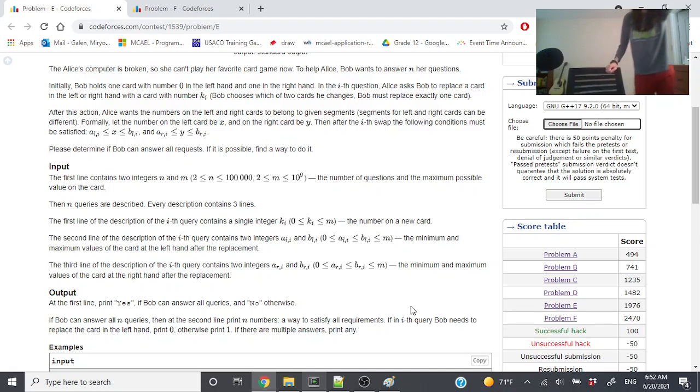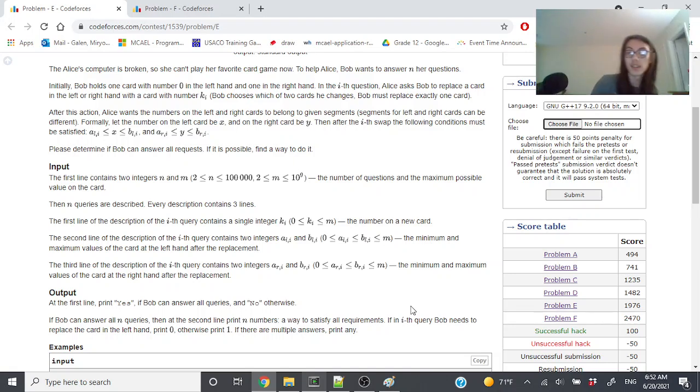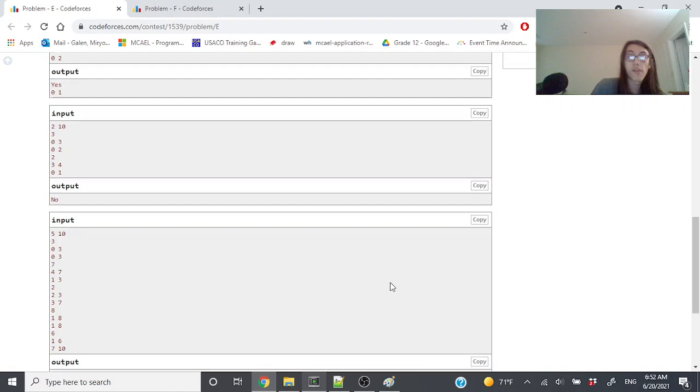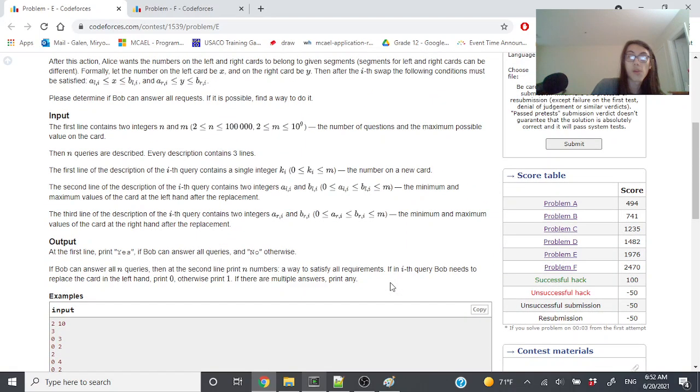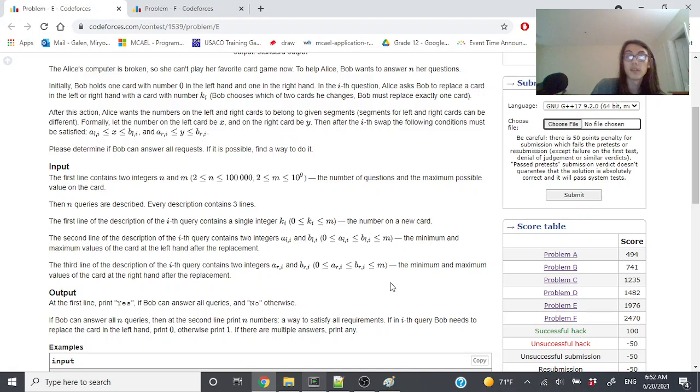Or rather, we do something with this. Also, it initially has 1. Why does it have 1 in the right? Is that just random? Okay, right. So our current state is, one of them is the previous card, the other one is some other card.